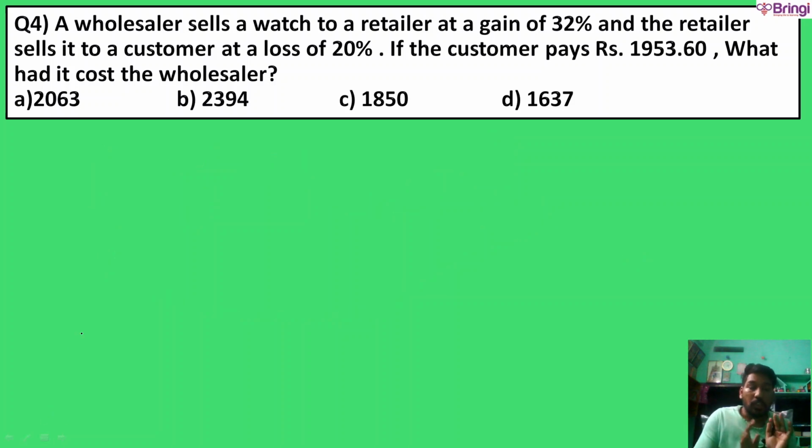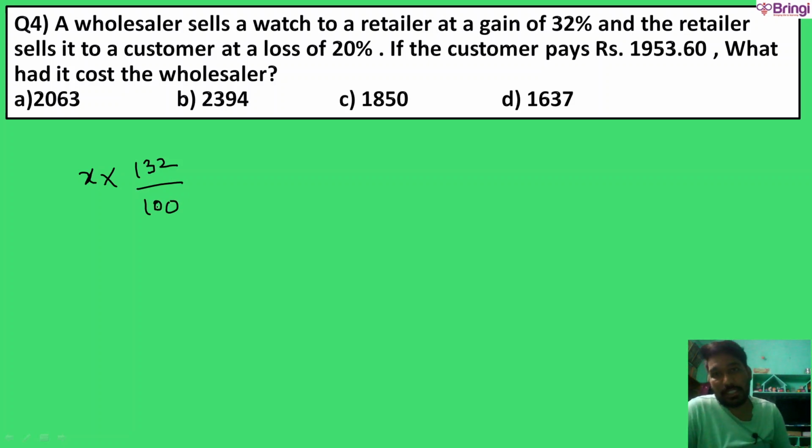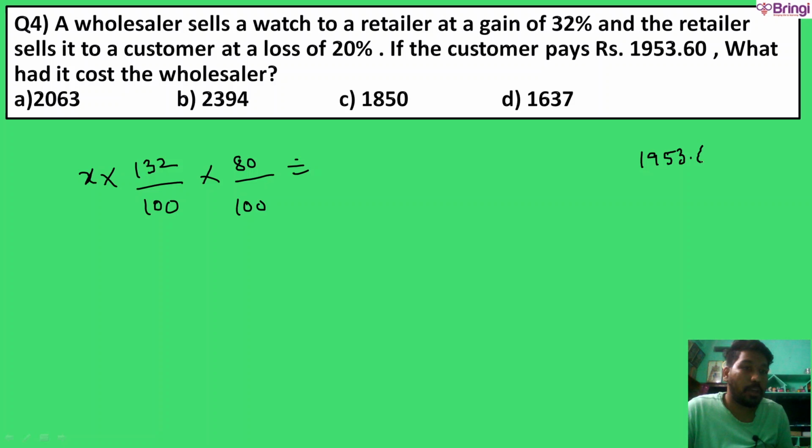To solve these kinds of questions, first assume the original cost is X. The profit given is 32%, so it is 132 by 100, and then a loss of 20%, so 80% of that equals 1953.6. We can write 1953.6 as 19536 by 10.